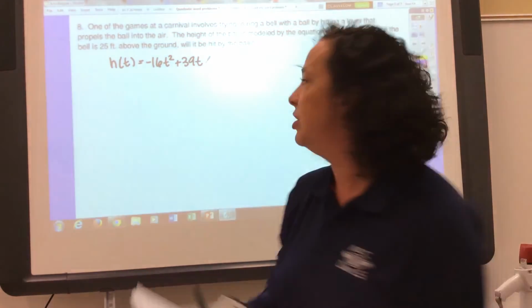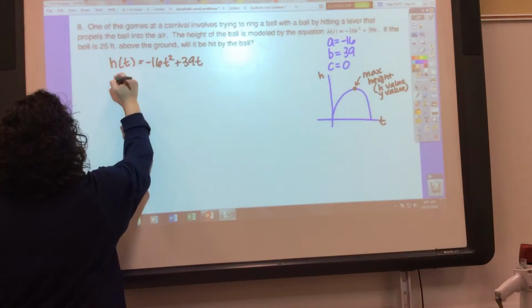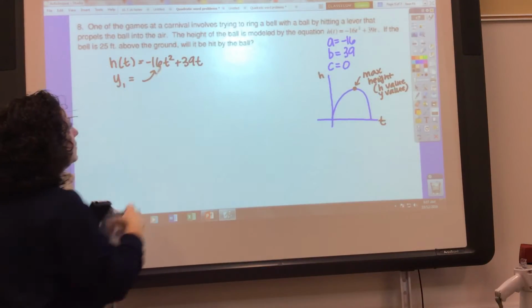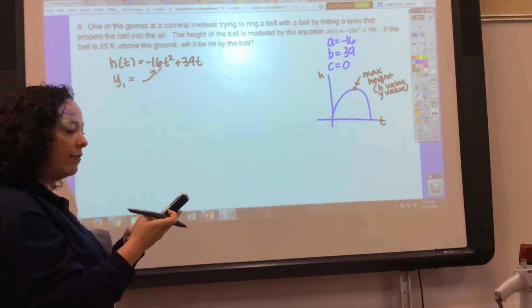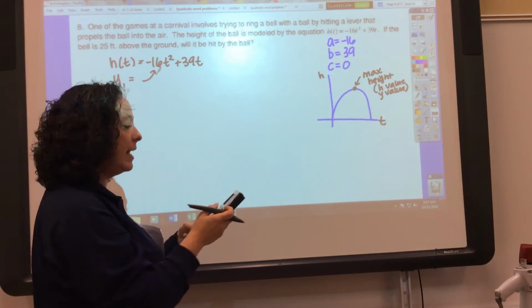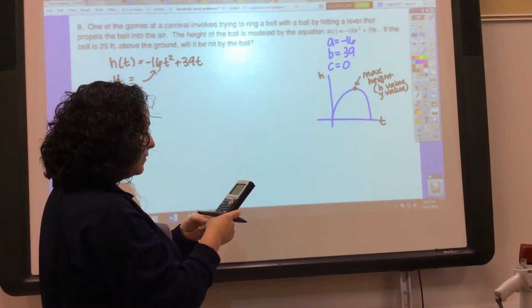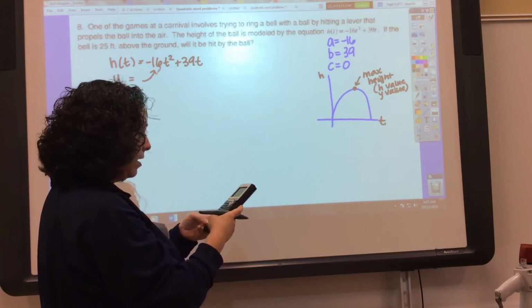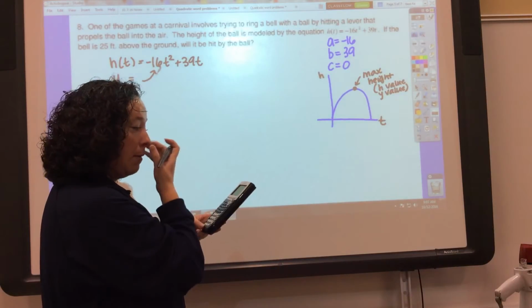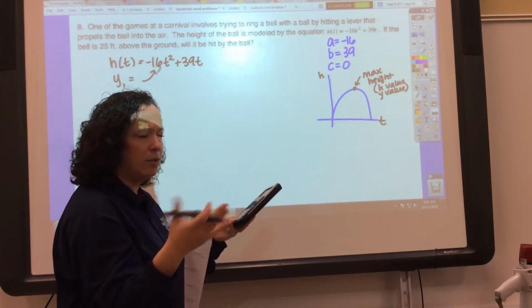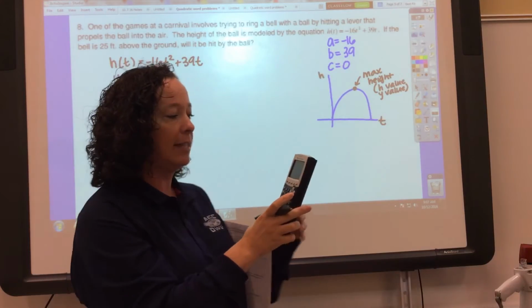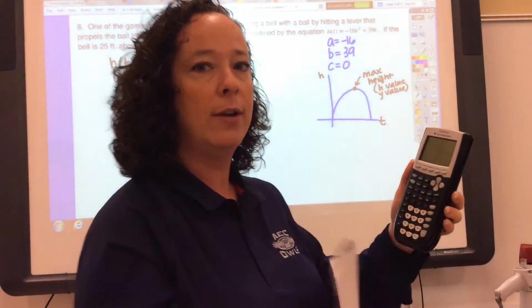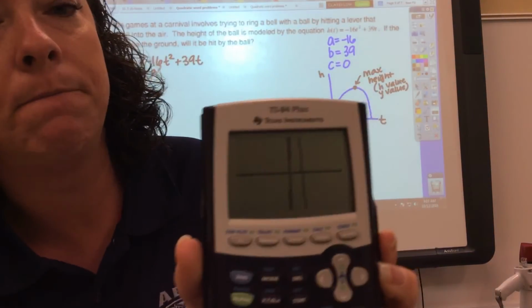I'm going to go to y1, clearing out whatever's in there, because I have a whole new fresh problem. Negative 16x squared plus 39x. Remember, you put an x instead of a t. Serves the same purpose. Now I'm going to hit zoom 6 to get us all on the same page, and this is what I see.